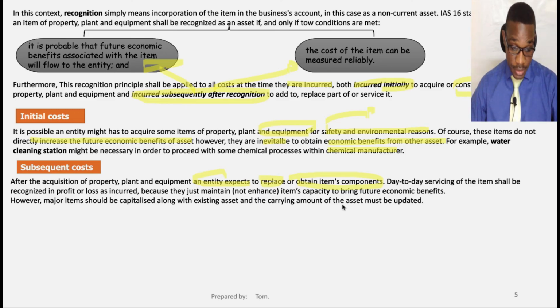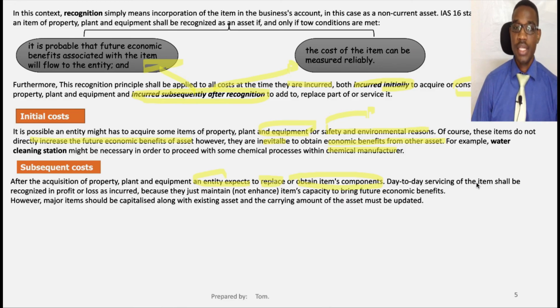However, if the amount is significant and enhances the capacity of the property, plant, and equipment, this cost should be recognized and capitalized as part of the property, plant, and equipment.